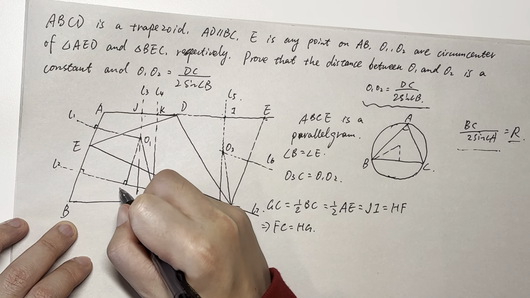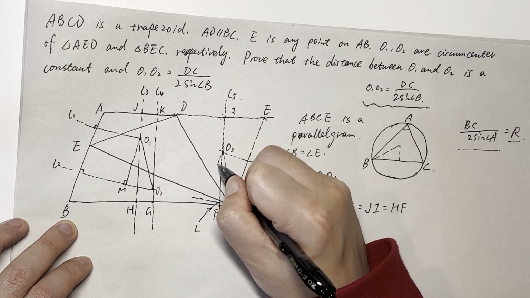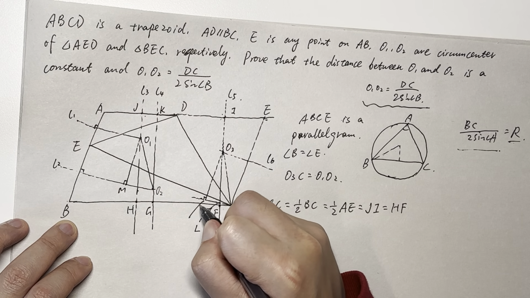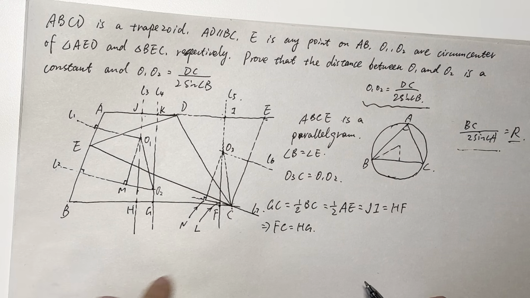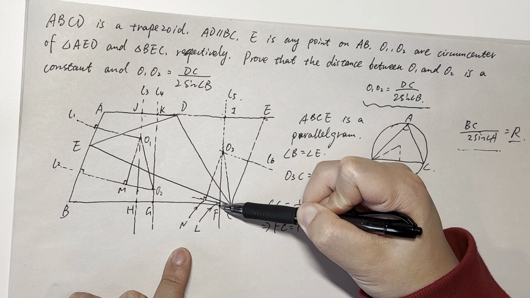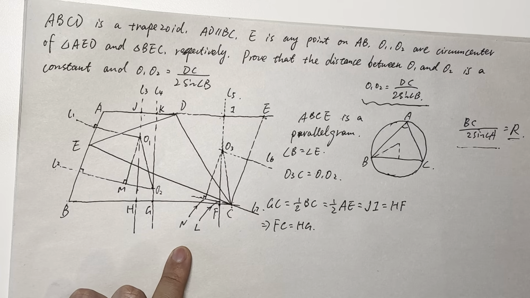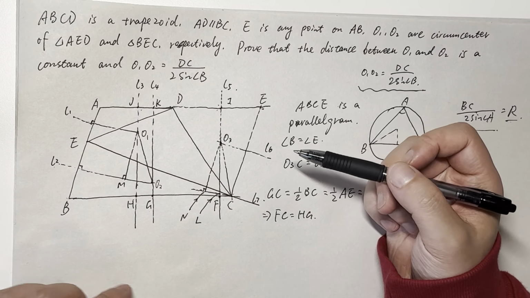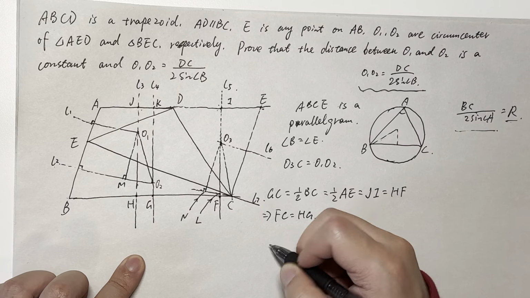Let's call it M. Similarly here, we call this point N. Okay, this is N, this is L, this is F, this is C. I hope you can see it clearly. Okay. Now we think about that.